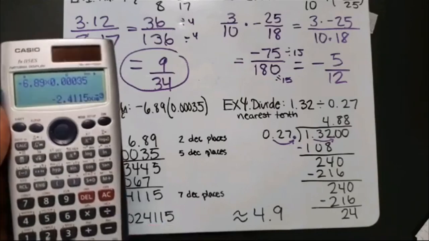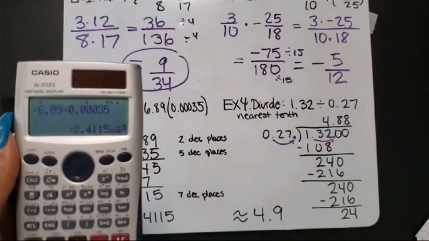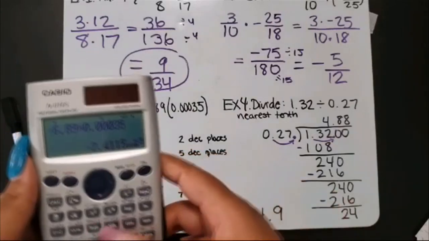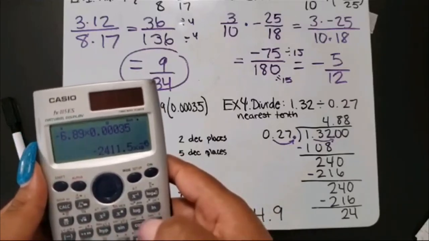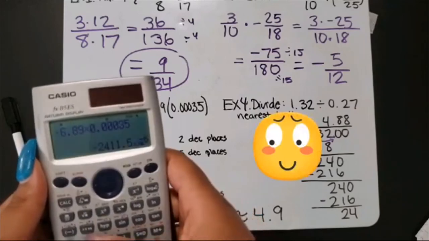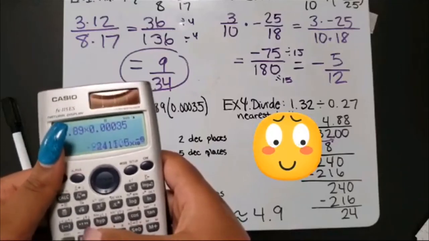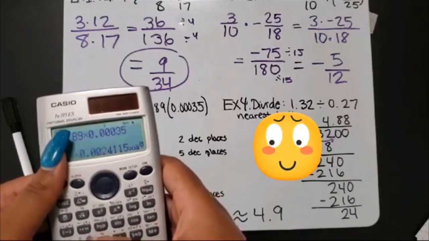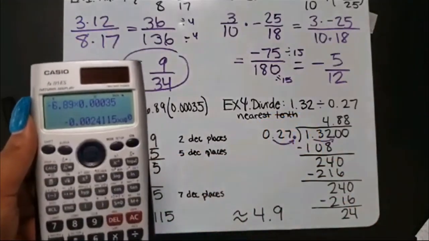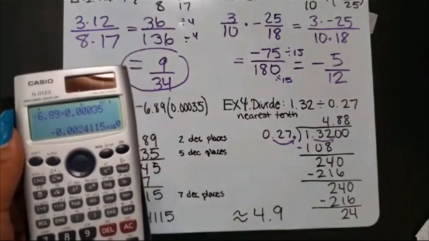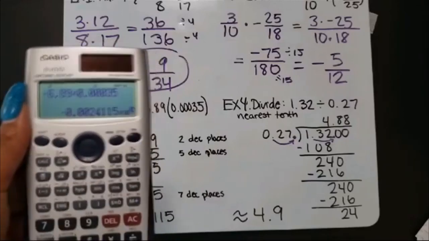Hit enter, and on my calculator, I have it set in scientific notation. So let me see if I can get it out of that. Okay, there it is. So now it's out of scientific notation. Your calculators probably won't automatically be set to scientific notation, so you guys should be okay.